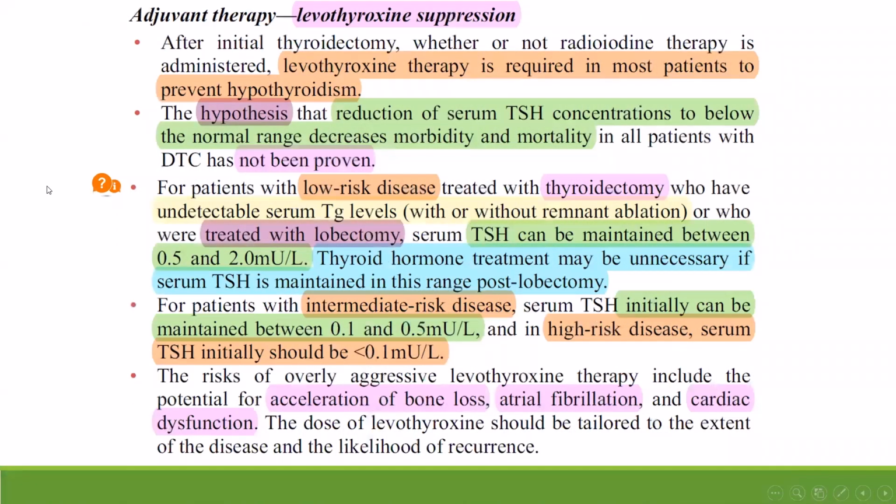Adjuvant therapy, levothyroxine suppressive therapy, is required in most patients to prevent hypothyroidism, and also a reduction of the serum TSH concentration to below the normal range decreases morbidity in all patients with differentiated thyroid cancer, but this theory is not proven 100%.